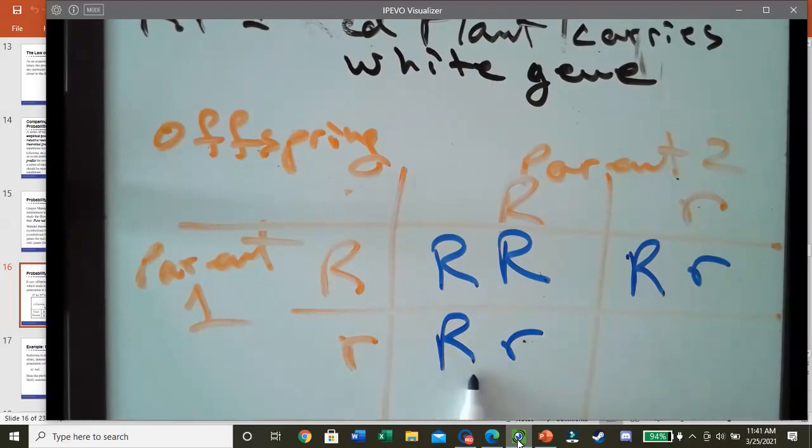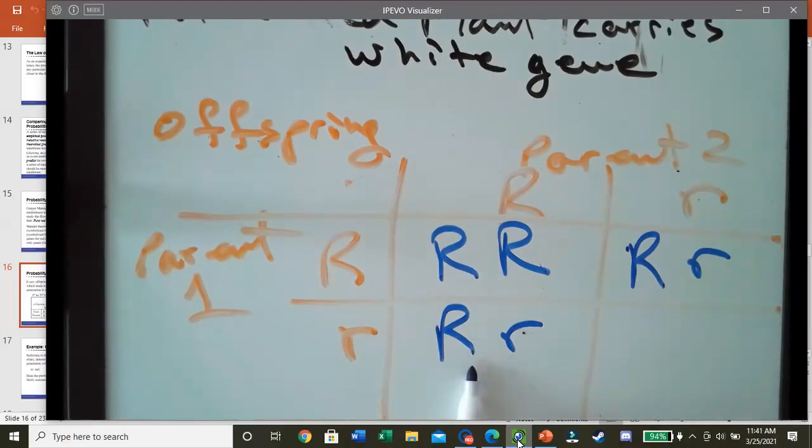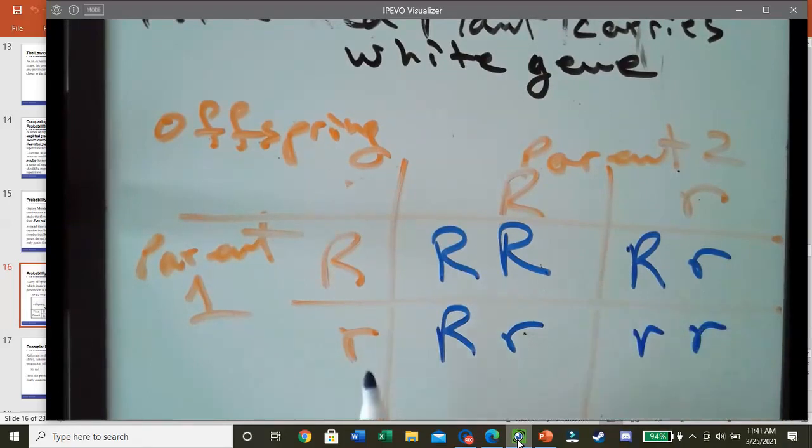So this is red, but it carries the white gene again, right? Now what's the last one going to be? Lower and lower. So this is why you can have two red parents and still end up with an offspring with a white flower in it. Okay?